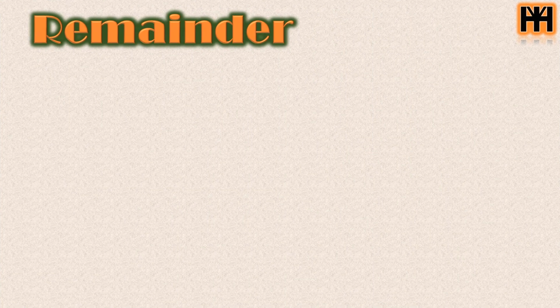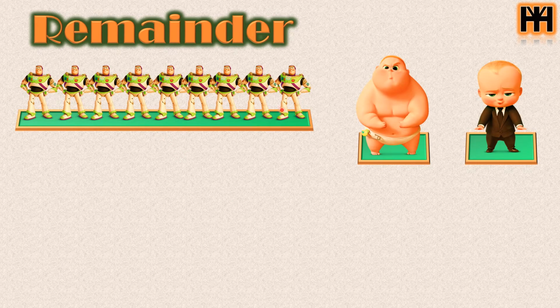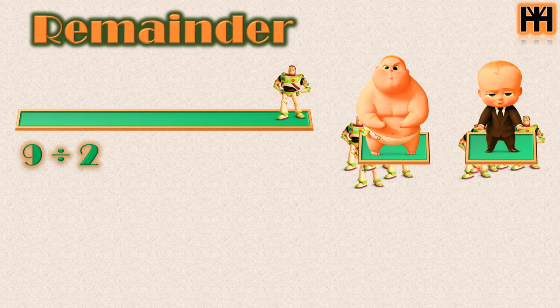Okay, let's say this time we have only 9 toys and the same 2 babies. So it's 9 divided by 2. We will give every one of them 4. So this one has 4 and this one has 4.